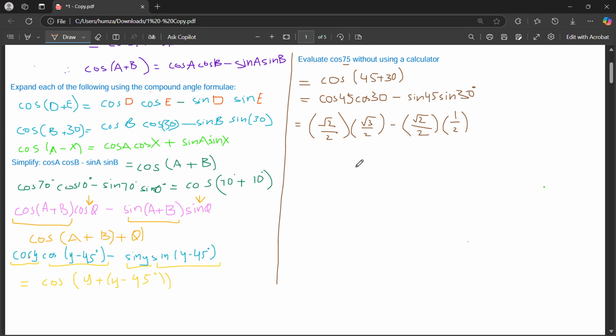Now simplify. This will give you root 6 over 4 minus root 2 over 4. And then we can write this as one fraction, and this is root 6 minus root 2 over 4.